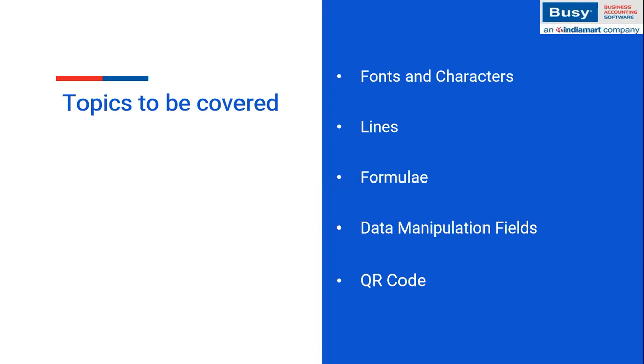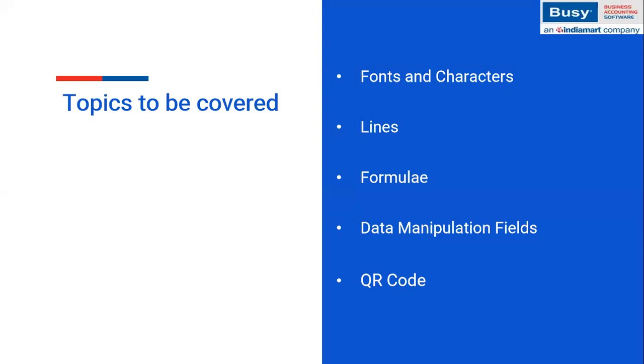Formulas. We'll learn how you can apply the formula. If a field is not given in the advanced format, how you can call a field by using formulas like addition, subtraction, multiplication, or division. After that, we'll learn data manipulation fields. Data manipulation fields means hashtag fields we can use like TW.